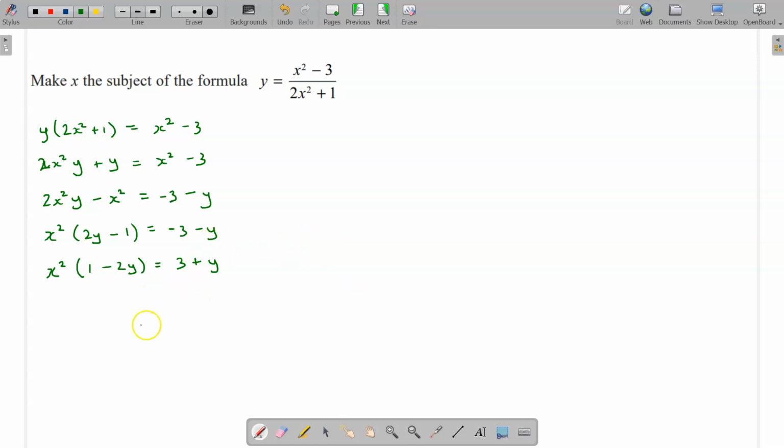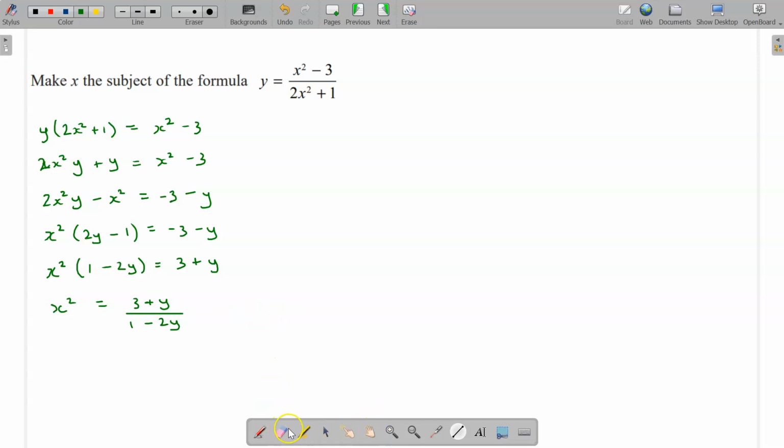Now we just divide both sides by this bracket to give us x squared equals 3 plus y over 1 minus 2y. Okay, and finally we just need to square root both sides.